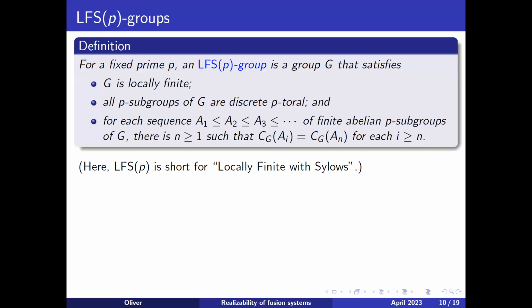For each increasing sequence of finite abelian subgroups of G, their centralizers in G become constant. So there's some n so that C_G(A_i) equals C_G(A_n) for each i greater than or equal to n.